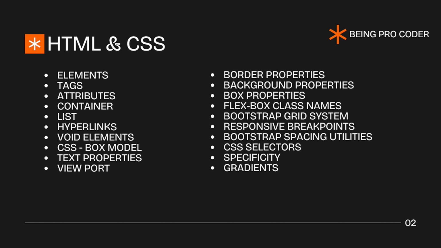Responsive breakpoints are like breaking the content to view on mobile devices, like small, large, medium, and extra large. And Bootstrap spacing utilities, we have like a medium space and padding equal to 5. The space is divided with 0.5.